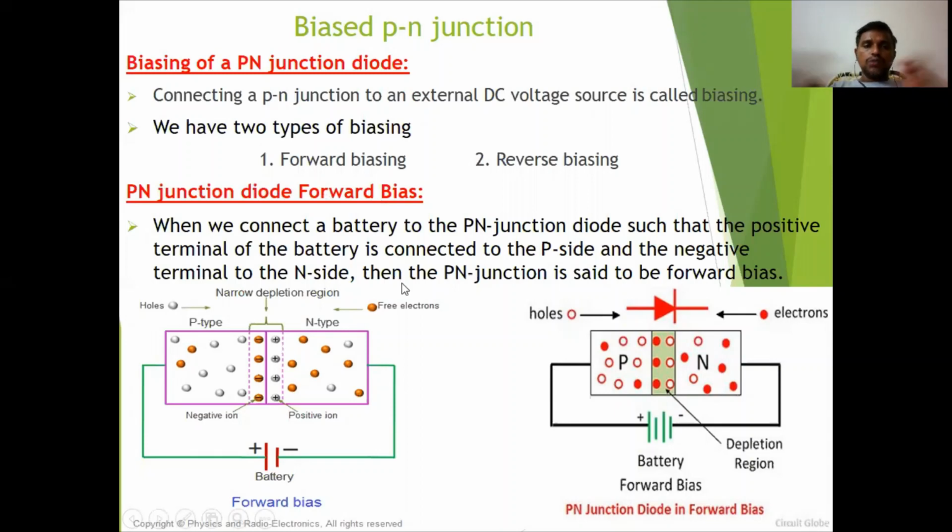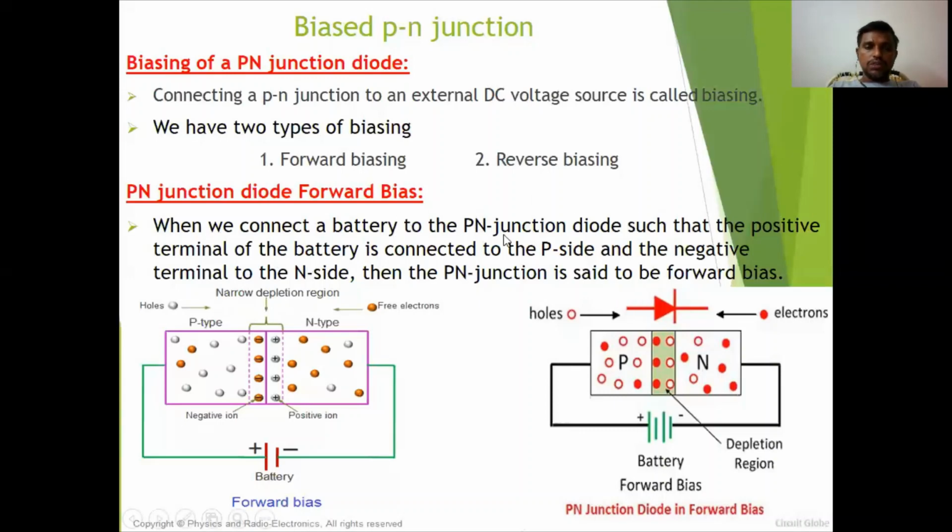When do we call the PN junction diode forward biased? Suppose I consider this is the PN junction that is formed and that is open circuited. Now, forward bias means when we connect a battery to the PN junction diode such that the positive terminal of the battery is connected to the P side and the negative terminal to the N side, then that PN junction is said to be in forward bias.